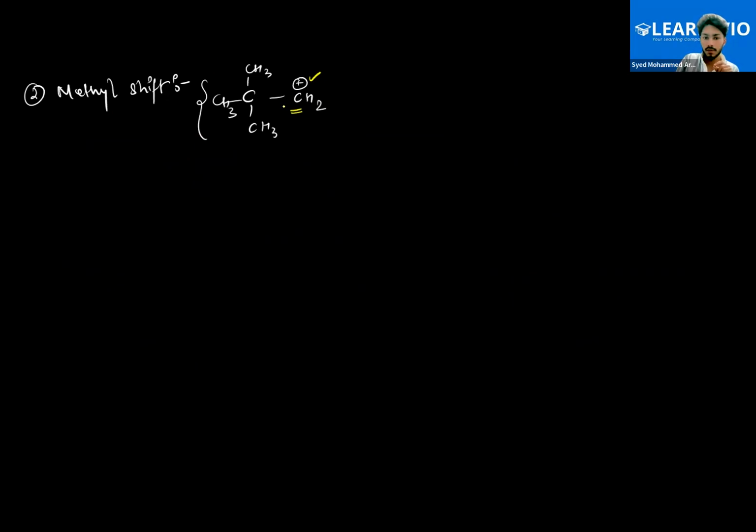So if I count the alpha H here, how many alpha H are there? Can you tell me, Hadia, how many alpha H are here? Sir, 4 alpha. Why? Can you tell me where these 4 alpha H are? Sir, 2 alpha and 2 beta.